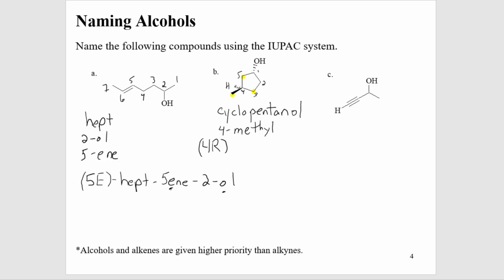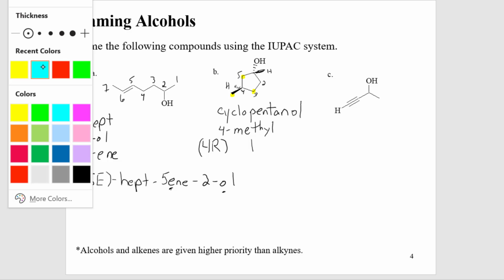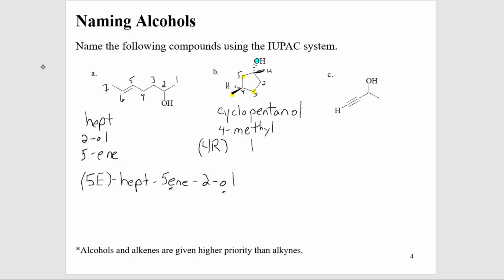And I also have a 1 stereocenter. Ooh, okay, so now we've got the oxygen is 1, 2, 3, so it's going in this direction. That looks like it's S, but because the hydrogen's in the front, it too is R. So 1R.